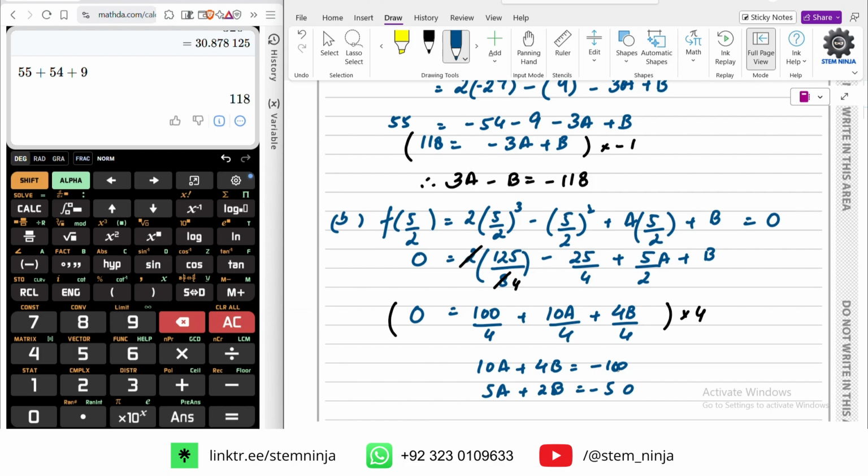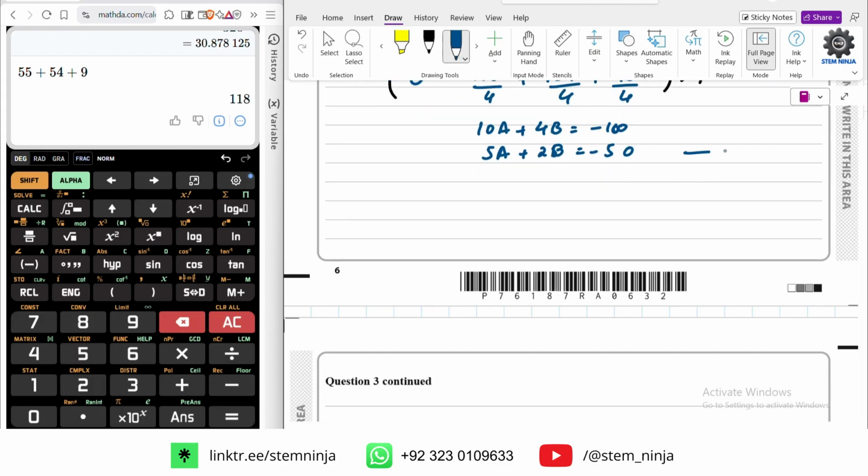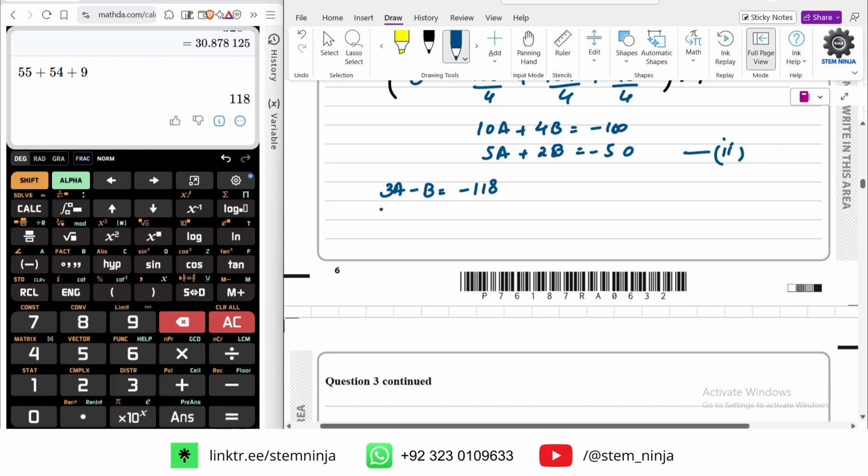Right, okay. Right, now we need to solve them simultaneously. So this is our second equation. So first one we had 3a minus b equals to minus 118. Now you have 5a plus 2b equals to minus 50.